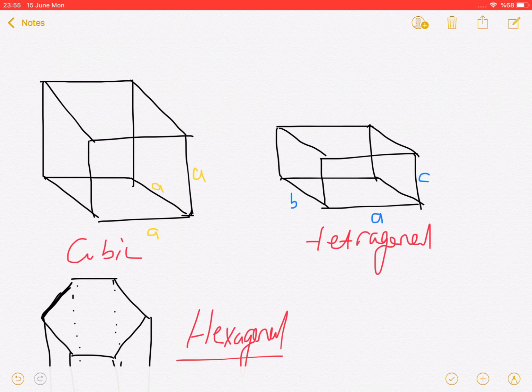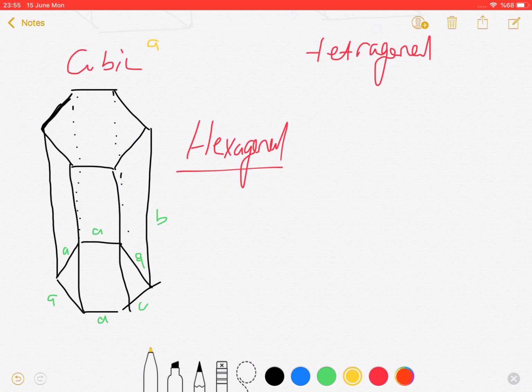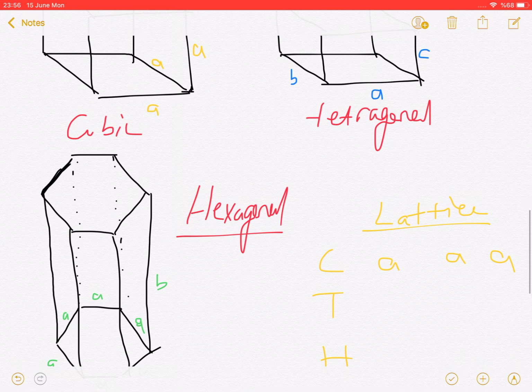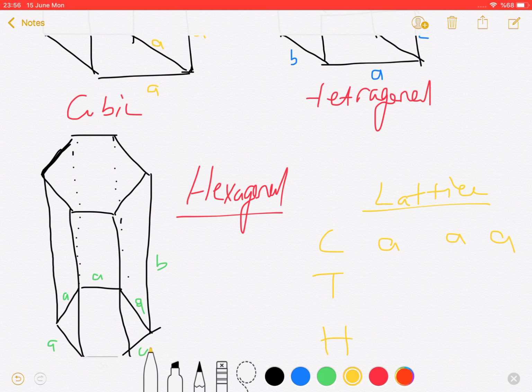For tetragonal it is a, b, c. In hexagonal it is a and c.